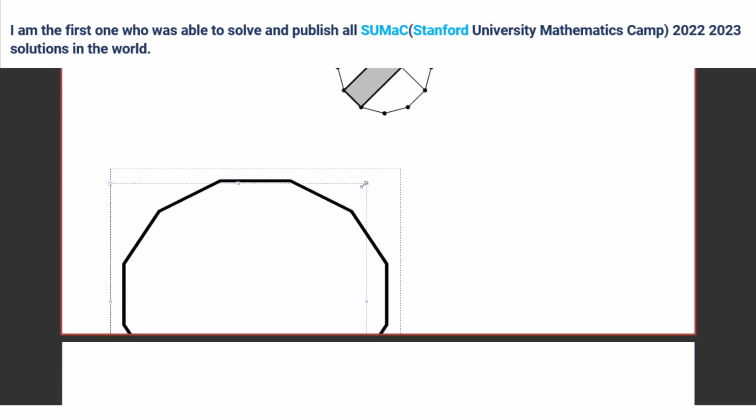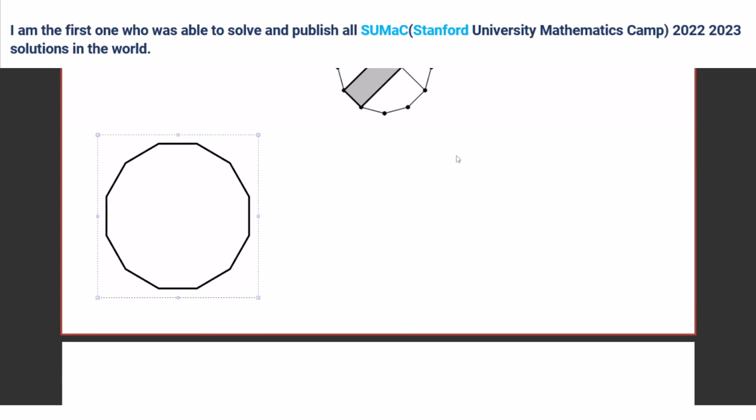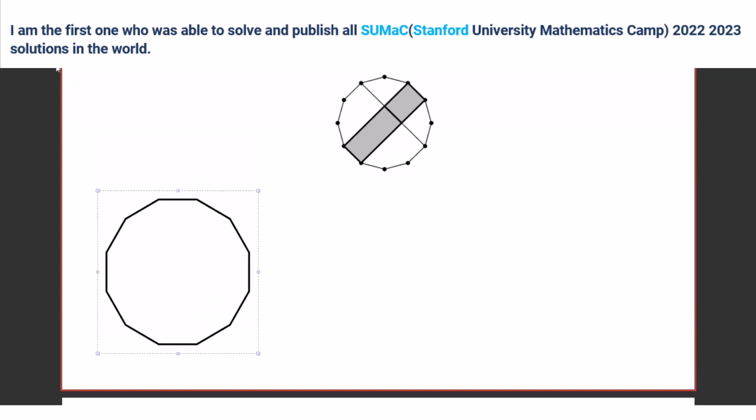Now it's good. Let's label the vertices 1, 2, 3, 4, 5, 6, 7, 8, 9, 10, 11, and 12.